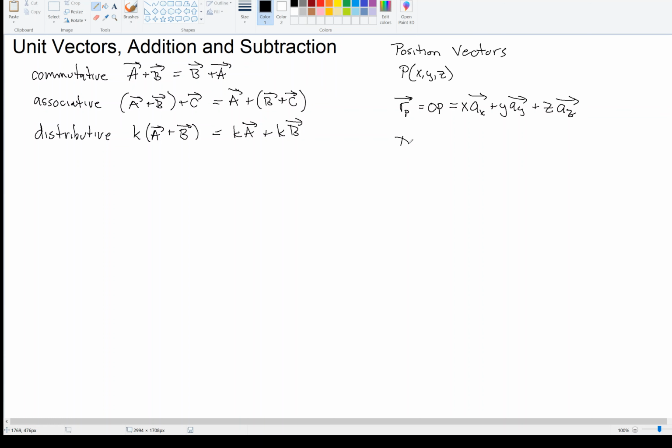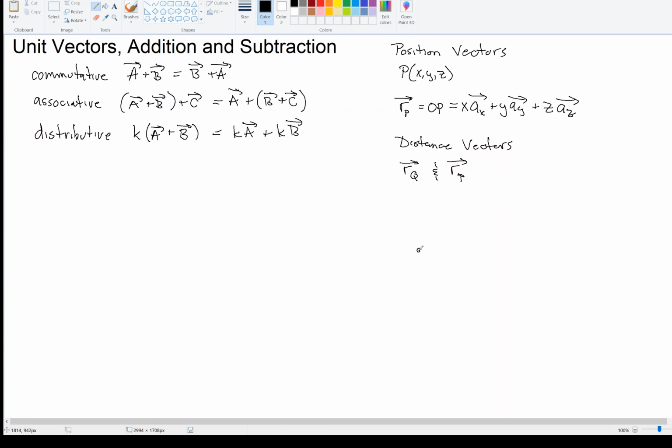And a distance vector is the displacement, meaning the directed distance from one point to another. So suppose then we have two position vectors, RQ and RP.